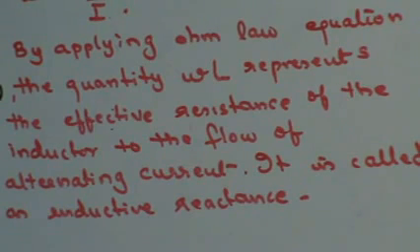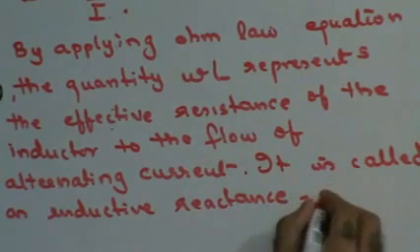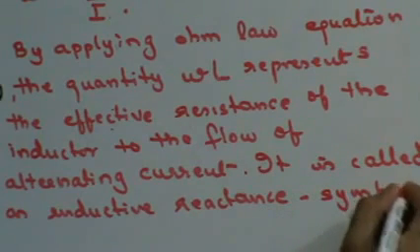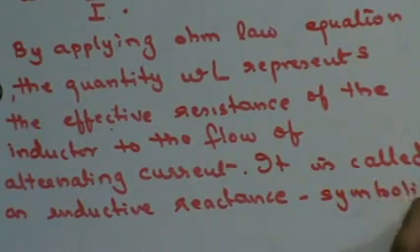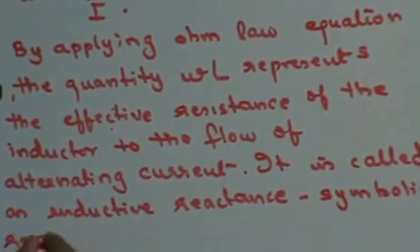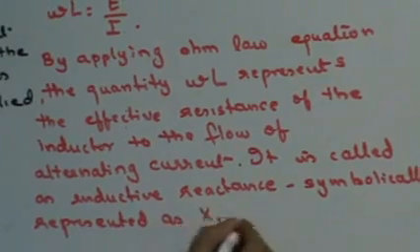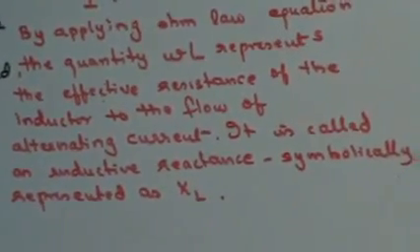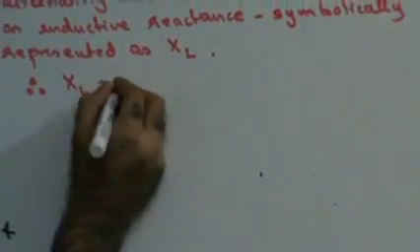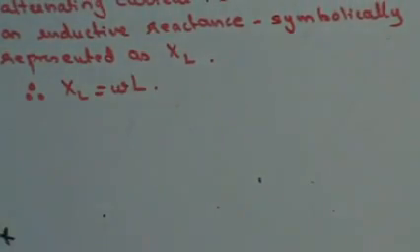The resistance offered in an AC circuit by a coil is called inductive reactance, symbolically represented as XL. Therefore inductive reactance is omega L, because omega L was the quantity that represented the opposition to the flow of current.